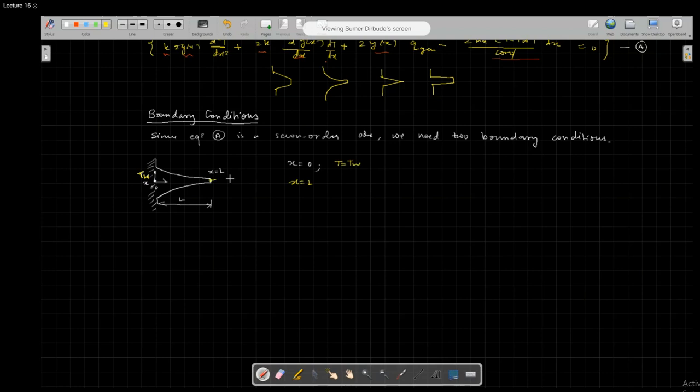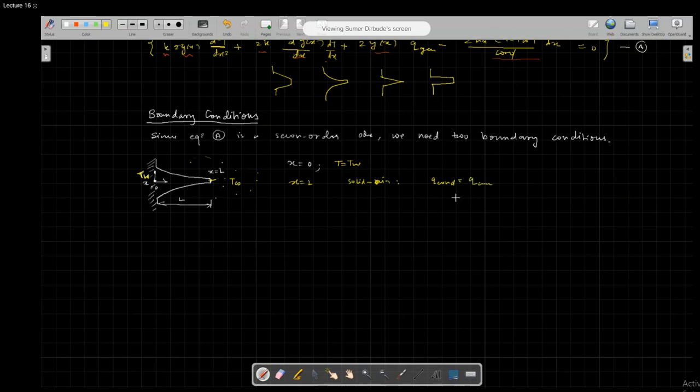One thing is that it is exposed to a fluid here. At the junction between a solid fin and a fluid, that is maybe air, whatever heat is being conducted, that is Q conduction, is equal to Q convection.